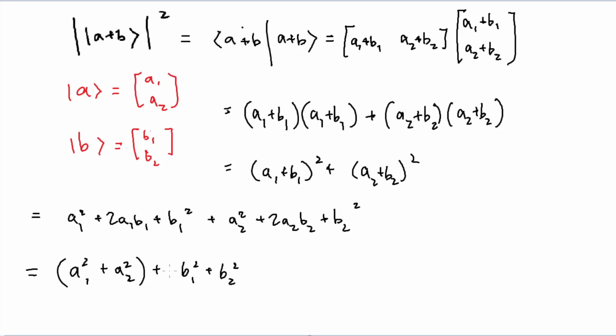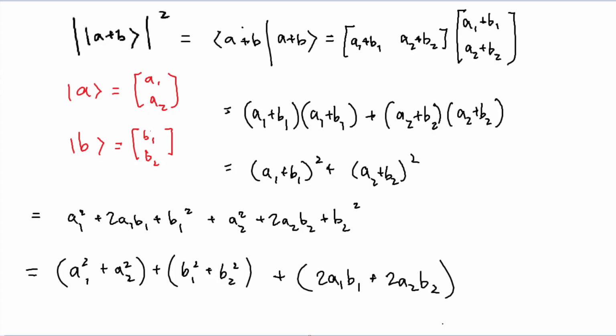Let me put parentheses around these just to make them a little more clear, plus 2A1B1 plus 2A2B2. If this doesn't seem quite familiar yet, you may start feeling like this is starting to resemble something at the very least.